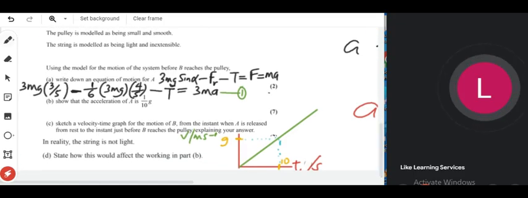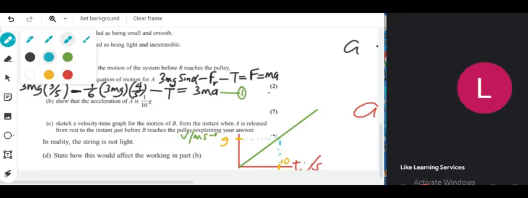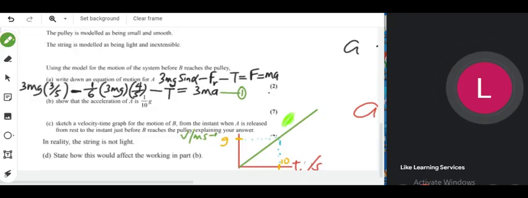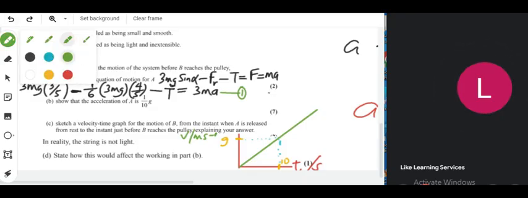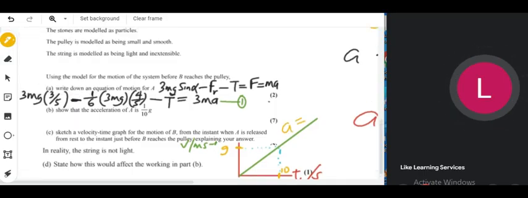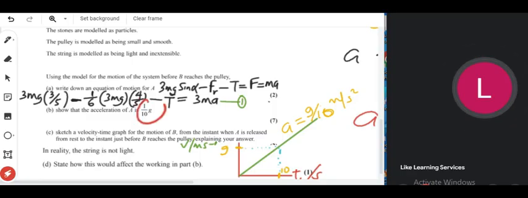Remember, this is a constant slope of a, acceleration equal to g over 10, or 1 over 10g. So the rise should be g, the run should be 10, so that g over 10 gives the acceleration.